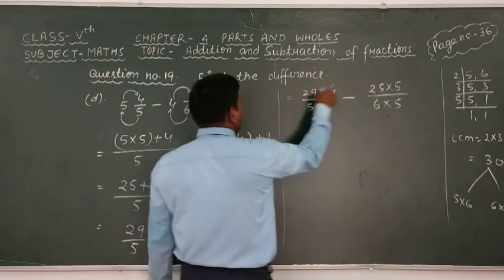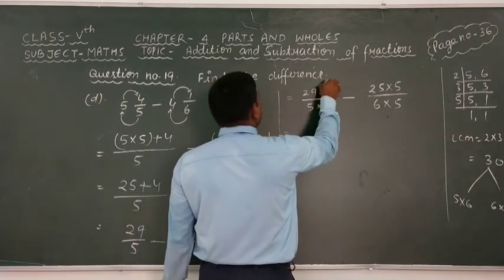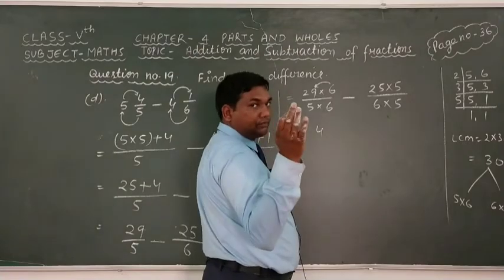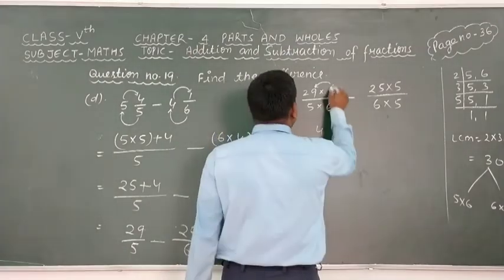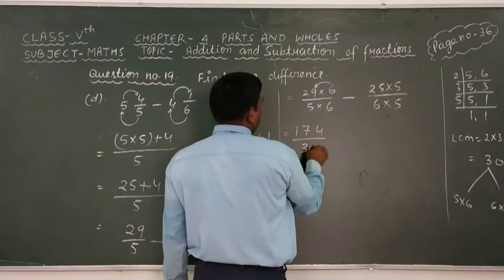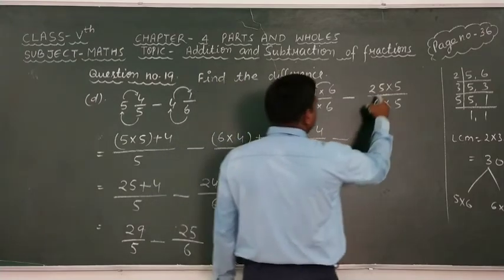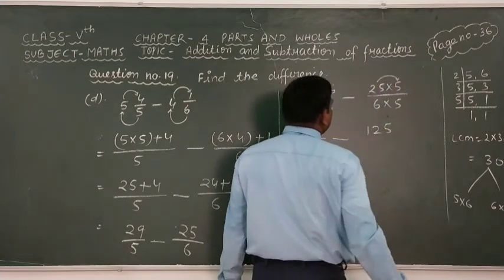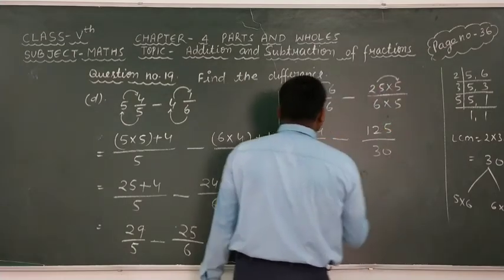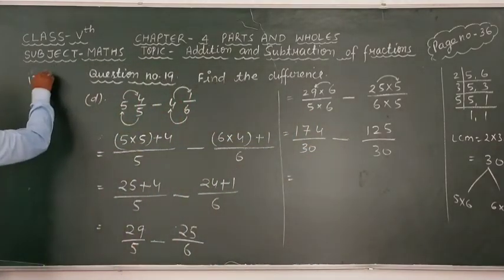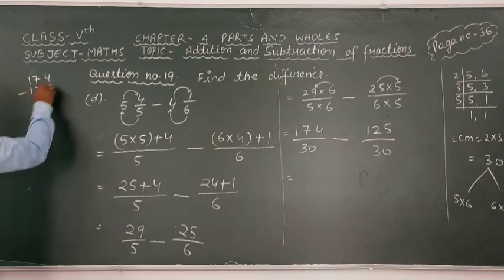Okay, after multiplying these we get 6 9 is 54, write 4 carry 5. 6 2 is 12, 12 plus 5 is 17 over 6 5 is 30, minus 25 5 is 125 over 30.